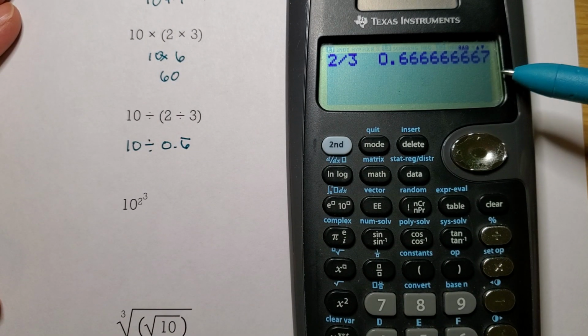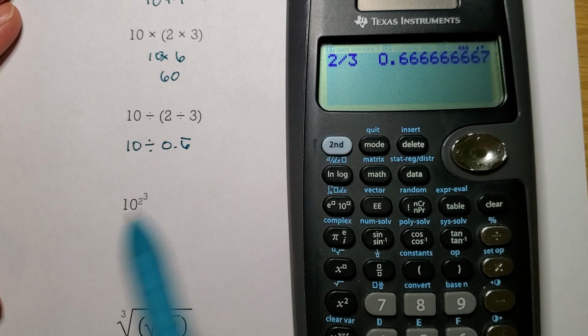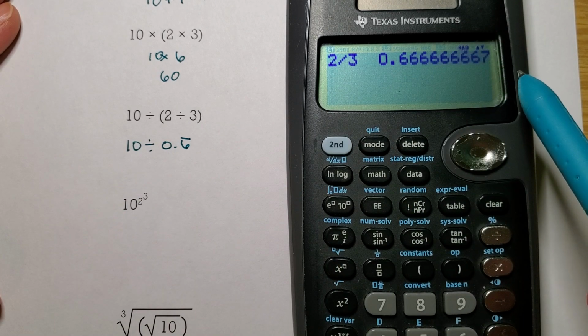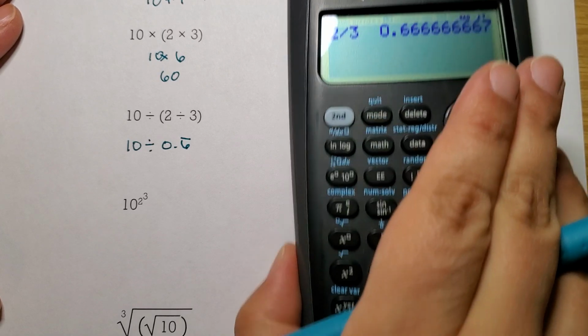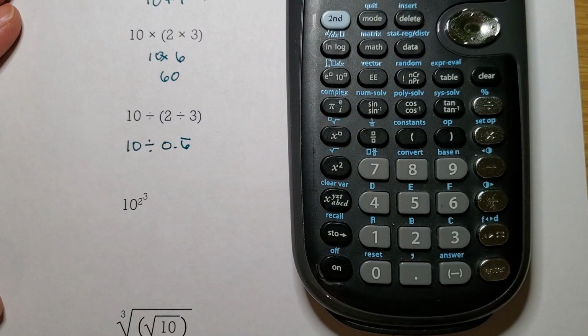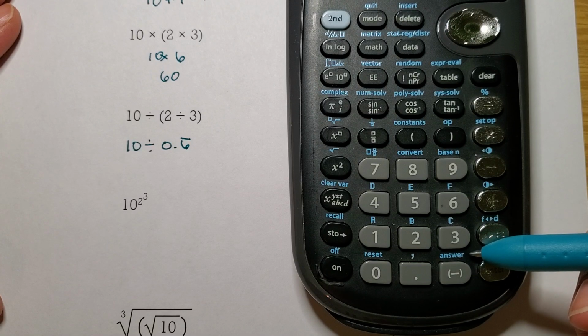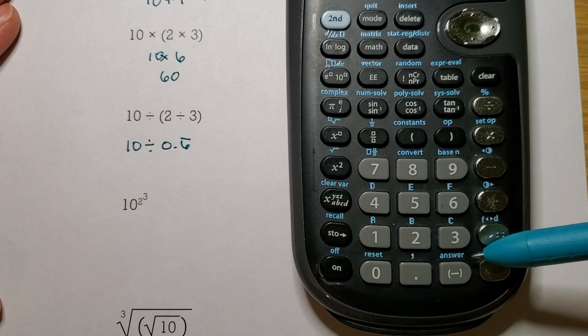On this calculator, I could type in 10 divided by this answer without having to type in all those 6s. Here's how I do that on this particular calculator. So right above the negation key, it says answer. So if I hit second negation, it'll tell me the answer from the previous line.